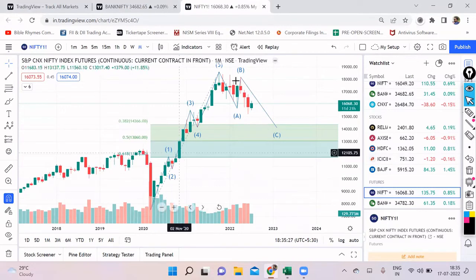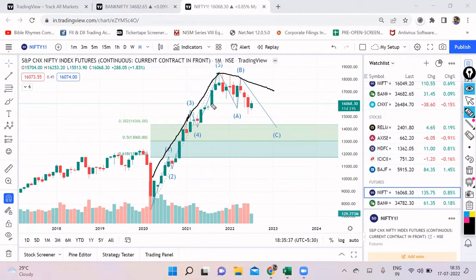On a bigger time frame, no one can say that the market is in a bearish mode. It clearly indicates a pole and flag kind of pattern. Slow and steady, it may give a breakout.